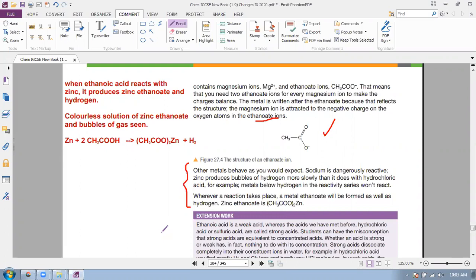And metals below hydrogen in the reactivity series would not react with this acid, such as copper.